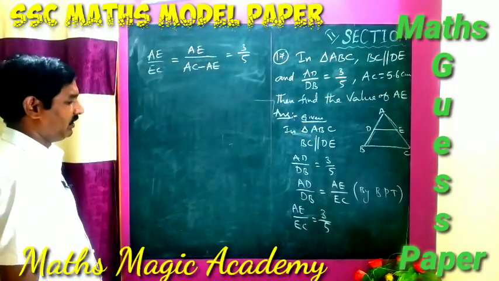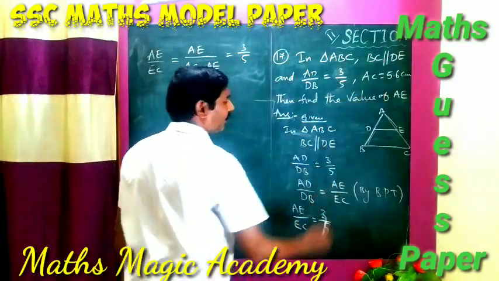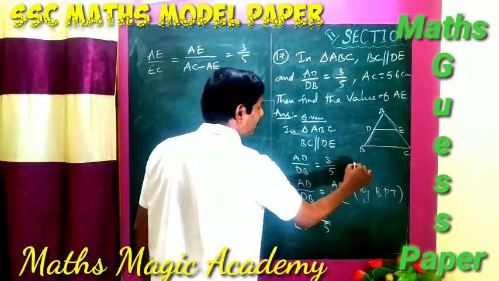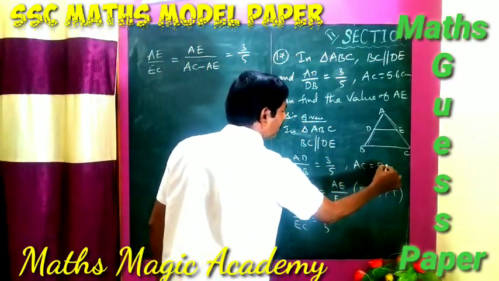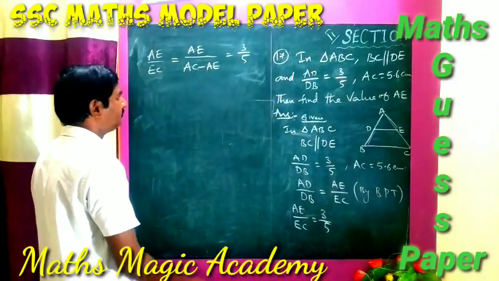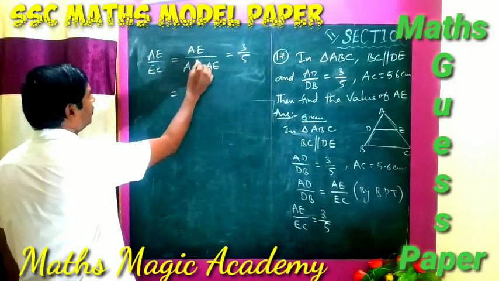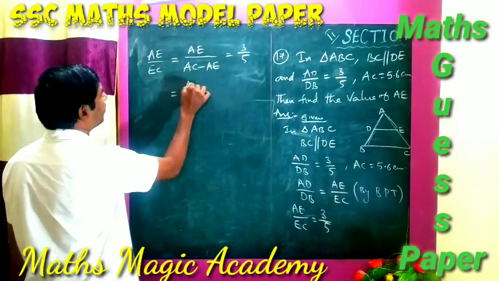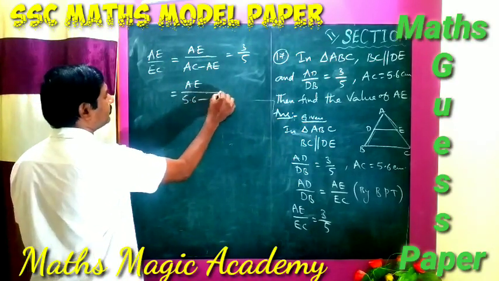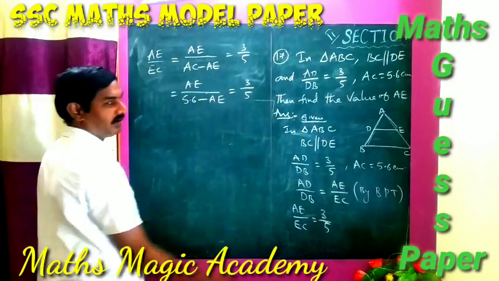In the question one more thing is given, that is AC equals 5.6 centimeters. So I will substitute the value: AE by 5.6 minus AE is 3 by 5.